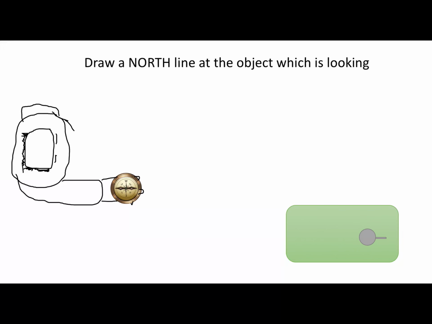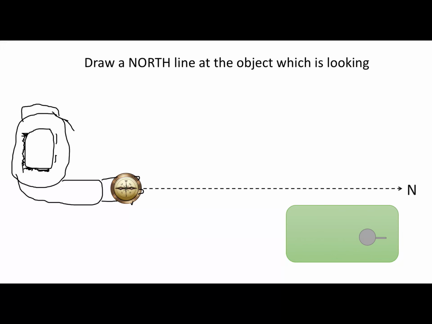Now this is something similar to angle of elevation and depression. When you draw angle of elevation or depression, what do you first draw? You draw a horizontal line. Similar here, but this time you draw a north line. That means a line that is facing the north. So it will be something like this. Okay, so first you face the north, and then you draw a north line, a line that points to the north.